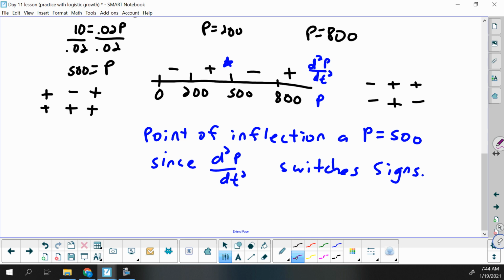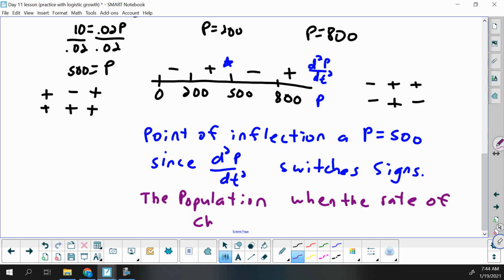So the meaning is the population is at its point of inflection when the rate of change is greatest. Another way to think of it is when that slope is the steepest in the original function.